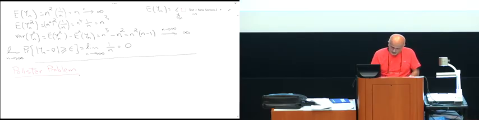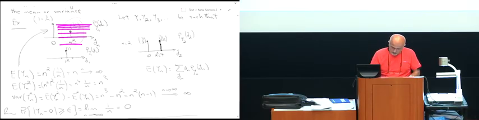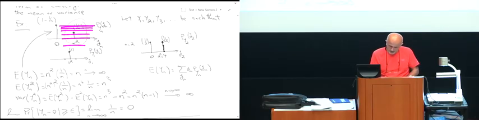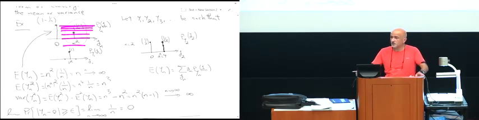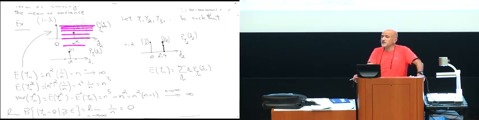Why is it 1 over n? So when you look at the nth random variable, I'm asking what's the probability that it's positive? It can only take on two values, 0 and n squared. Right? And only one of those corresponds to a positive value, the one at n squared. So I just look at the probability at that point, which is 1 over n.